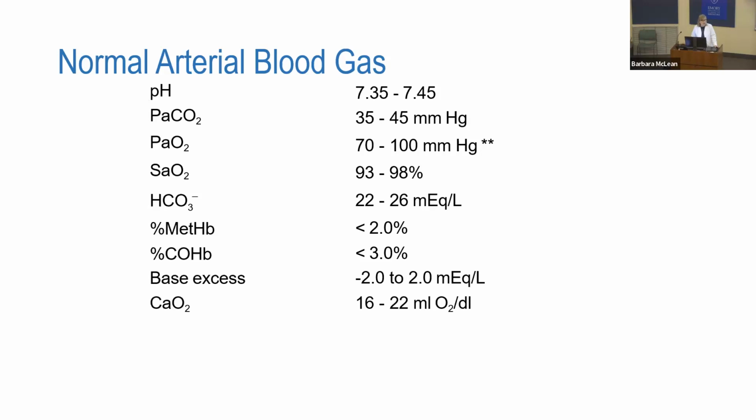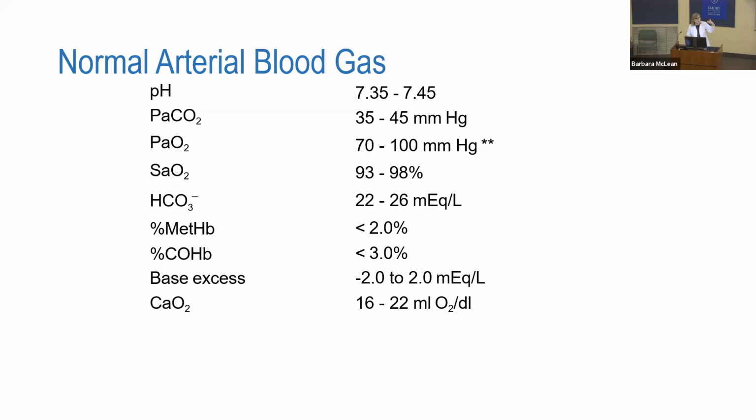Hemoglobin times SAT times 1.36. That actually yields content of arterial oxygen. Now, the normal content of arterial oxygen is 16 to 22. So let me give you what that formula is based on. You're going to need to pull out your calculators. Unfortunately, I can't manipulate the slides on this program.